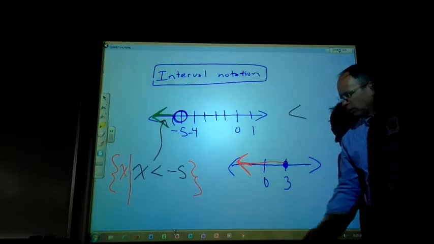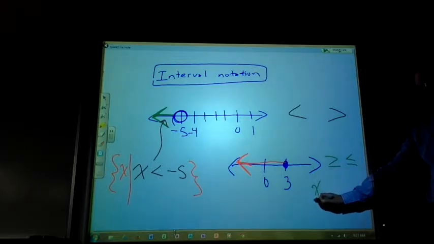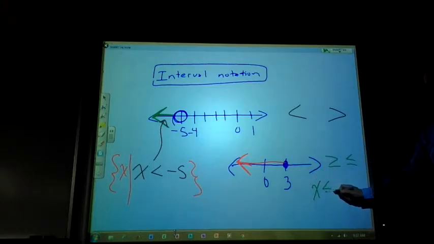I have a closed circle, so do I include it? Yeah. So a closed circle means you're going to use this or this. Help me out. What is it going to look like? I want numbers less than, so say how I should do it. X is less than or equal to 3.